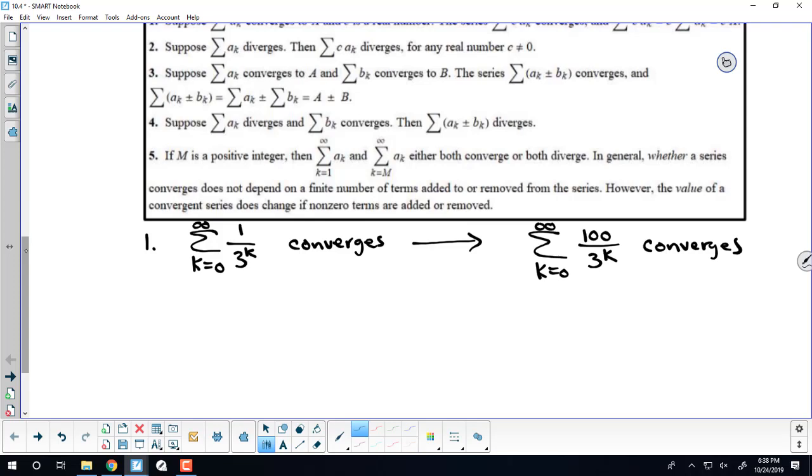And property 5 says that we've got some positive integer m, and we've got a series of a sub k from 1 to infinity, and the same series from that positive integer m to infinity. Either both of those things will converge or both will diverge.